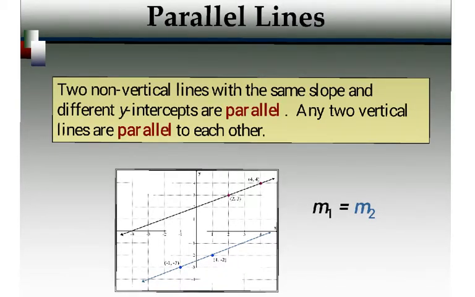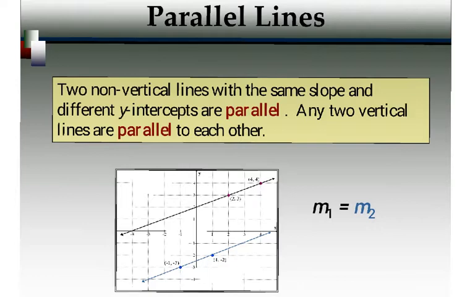Parallel lines and perpendicular lines is what this section is mainly about. If you remember from geometry, parallel lines are never going to intersect. Also, something about parallel lines that you may remember from Algebra 1 is that they have the same slope.